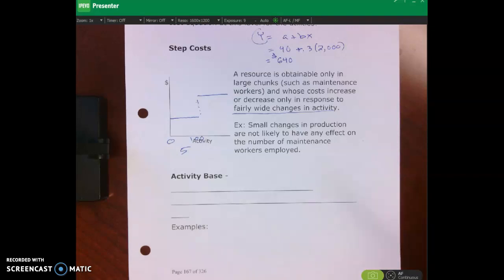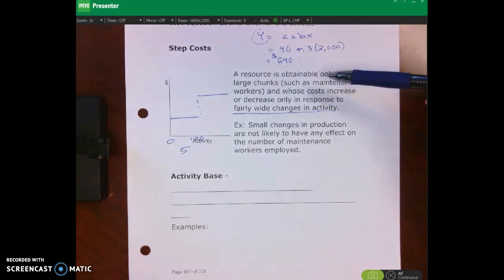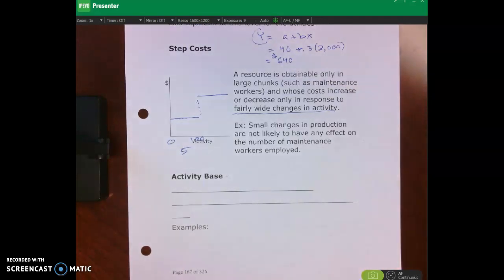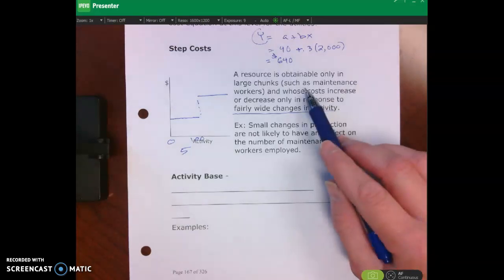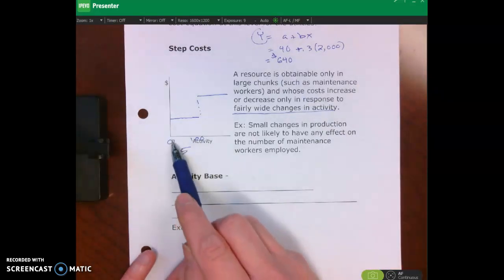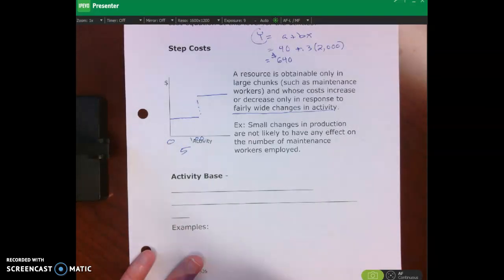Okay? So I want to come back to this idea of step costs. What I was saying in the prior lecture video is that a step cost basically says that a resource may be obtainable in large chunks. Maybe maintenance workers. Let's say that from 0 to maybe 100 units that we make, we only need 5 maintenance workers.